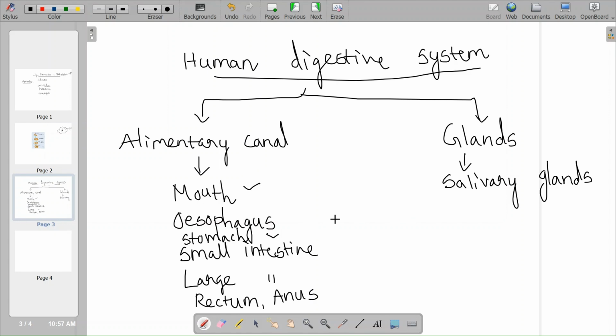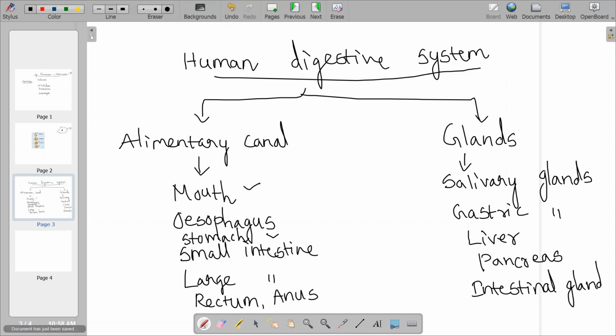The next gland, present in the stomach, is the gastric glands. The first part of the small intestine, duodenum, liver and pancreas. Liver and pancreas, these two are again digestive glands. And in the small intestine, we have intestinal glands.